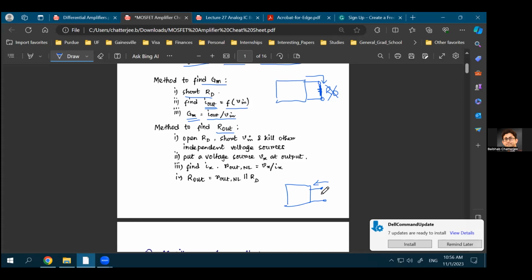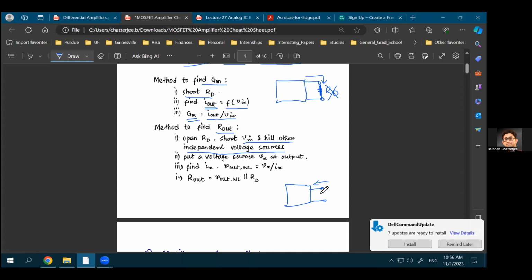Again, that's the method you use whenever you want to find out any Thevenin equivalent resistance. So it's the same method, nothing new. So you open the RD, you short the input voltage and kill any other independent voltage sources or even current sources. So you don't connect anything at the input when you're trying to find out the output resistance.